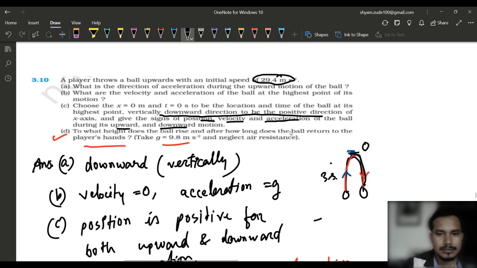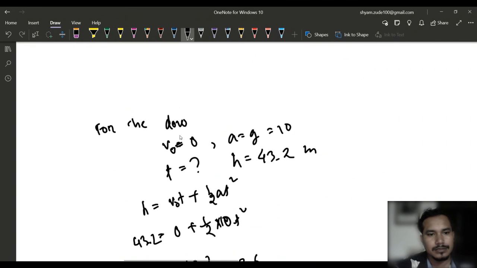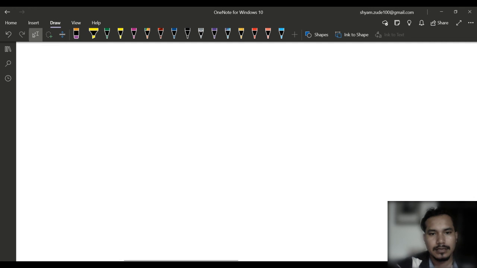Then they also asked, to what height does the ball rise? So we have to use the formula s is equal to ut plus half at squared.